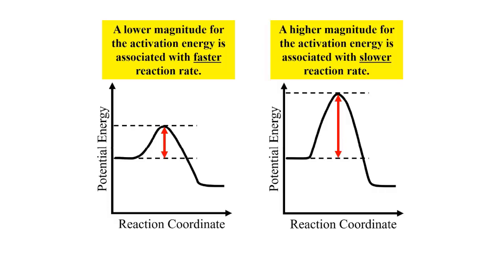But this says nothing about the value of delta H or delta S or delta G. So we're only talking about a slow reaction rate being associated with a high activation energy. So it's not about the delta H or the delta S or the delta G. It's simply about the activation energy for that reaction, resulting in a slow reaction rate.